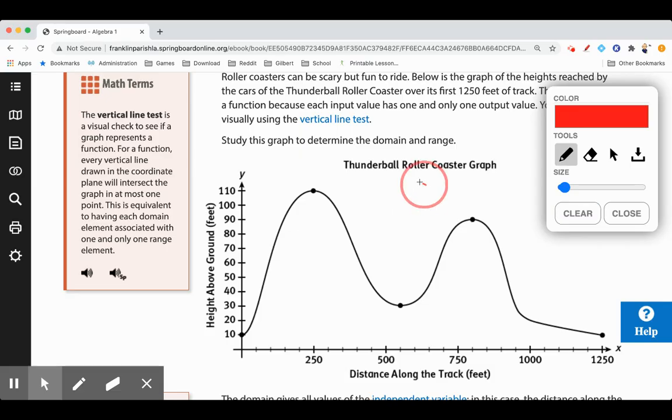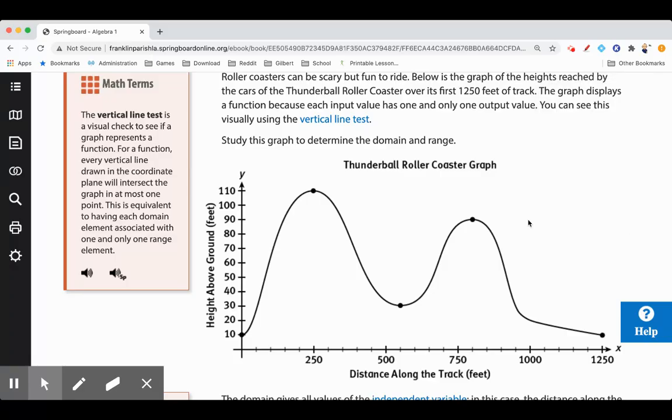So if the graph was curved this way, the vertical line would hit it here and here, and that would not be a function. But the way it is on this Thunderball roller coaster graph, it is a function because the vertical line test is passed. No matter where I draw a vertical line, it would only intersect it at one point.